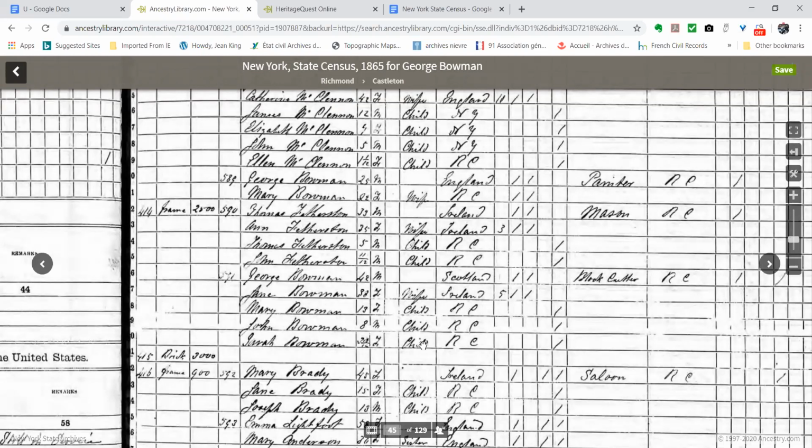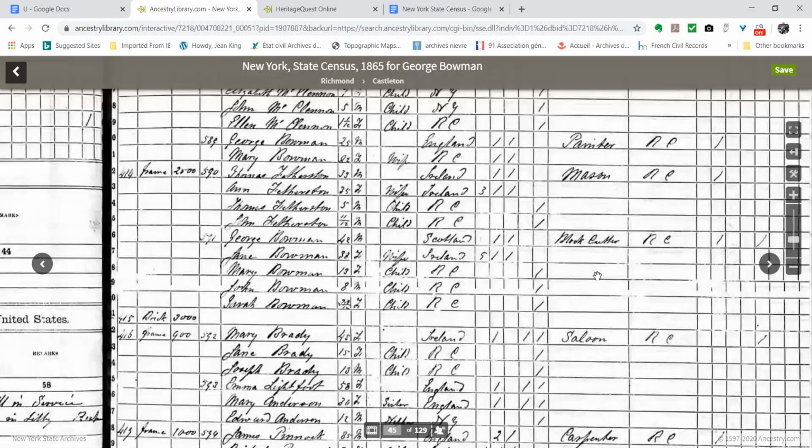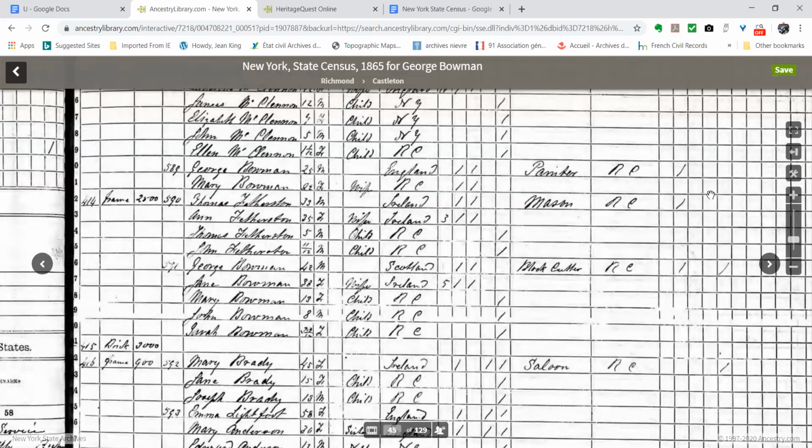So again, they have the relationships to each other. They were both born in Scotland, though apparently she wasn't. I think she was born in Ireland, and then the children were all born in New York. The RC is for Richmond County, and his occupation was a block cutter.